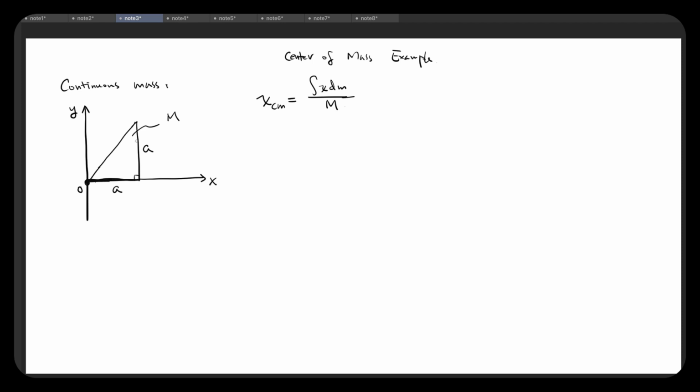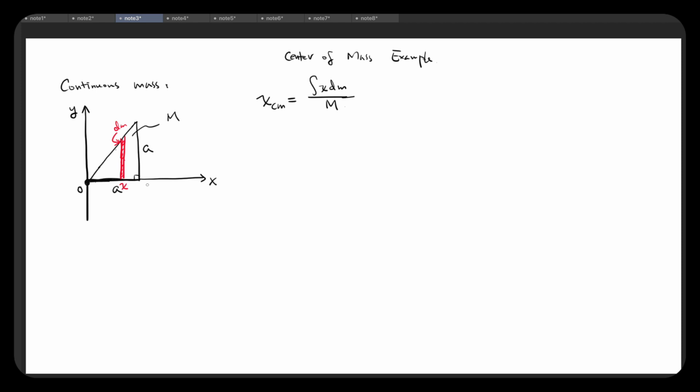So if I pick dm, let me draw a stripe. If I draw a vertical line here, a second vertical line, and I say that's dm, then all the points on this vertical stripe have exactly the same x.